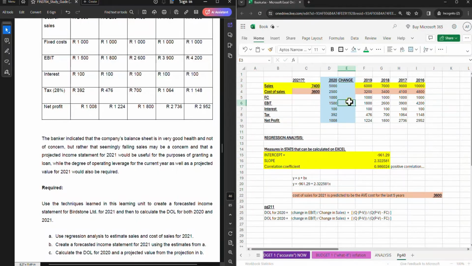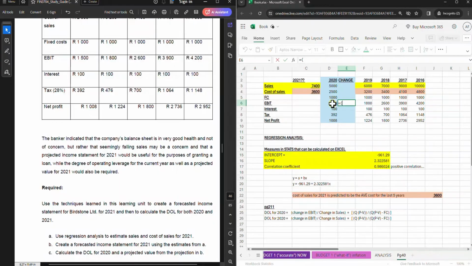What was the change in EBIT from 2019 to 2020? To work out a change, I don't think you can do this in Excel. Yeah, you can't. You'll have to use normal maths. This is what it was minus what it is now.